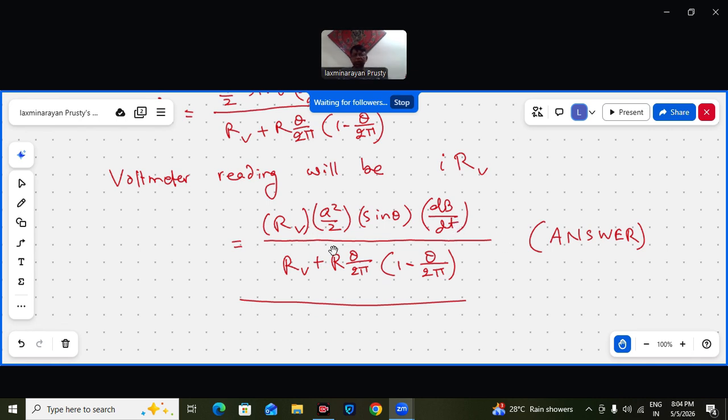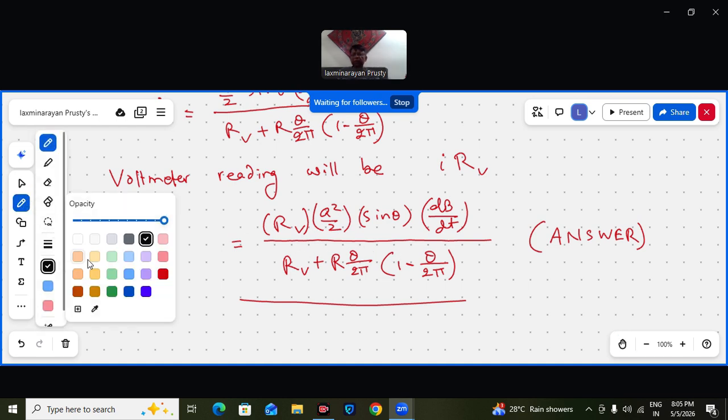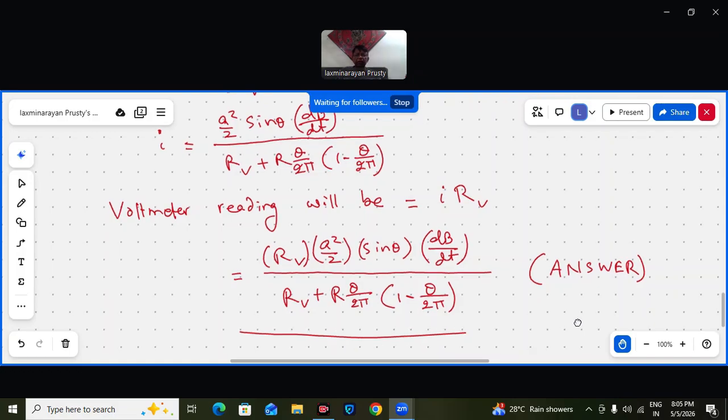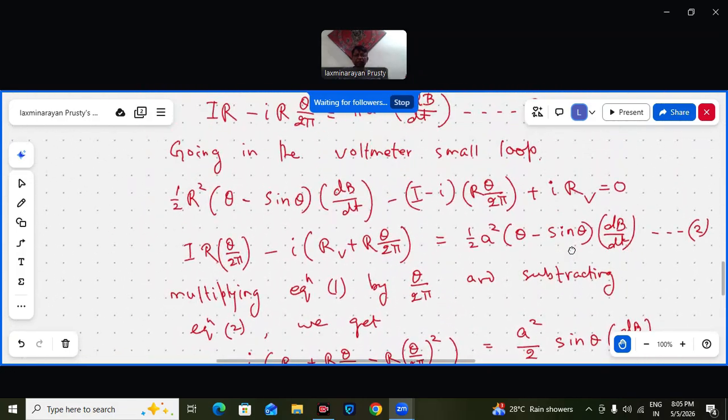You can find that value numerically. The voltmeter reading will be equal to i RV, equal to this. Am I clear? So now are you clear?